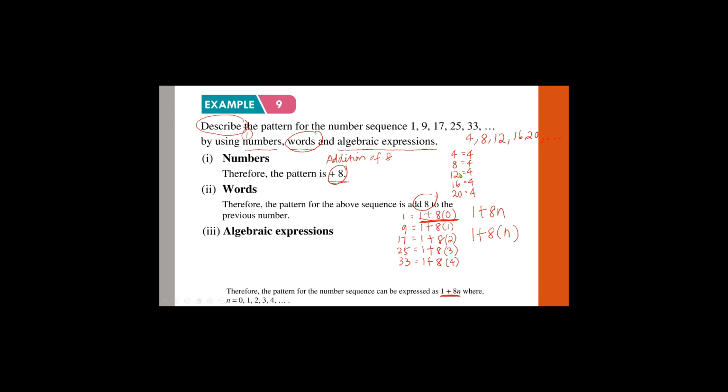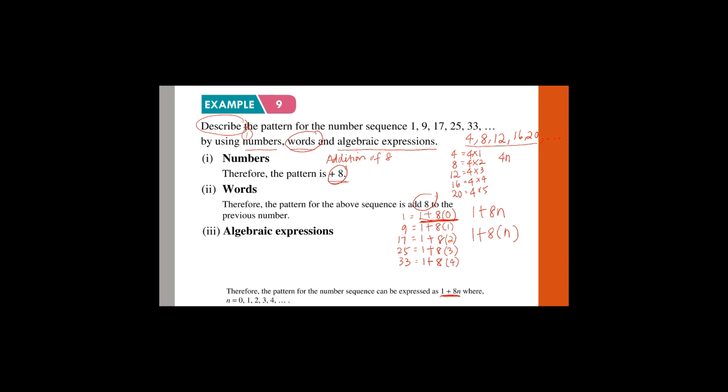So what are you going to do? Times 2. Okay, this one times 2, right? Then what about the first one? Times 1. So you can see the sequence already. This one times? 3. 3, right? Times 4, times 5.